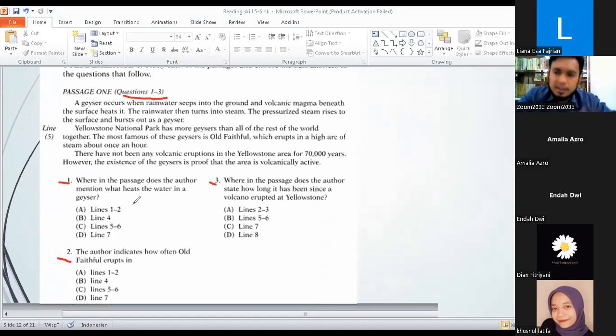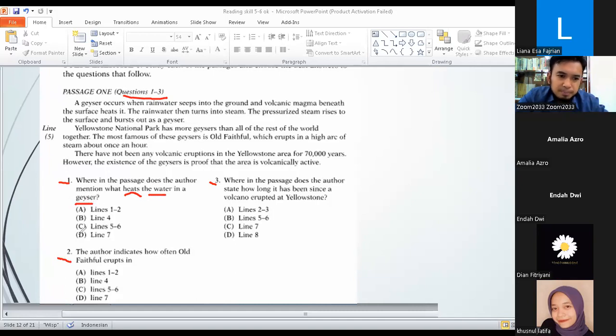It's all about lines. So try to keep your eyes on the keyword. Take a look at number 1, number 2, and also number 3. Please, all of you, find out the answer for number 1, 2, and 3. Where in the passage does the author mention what hits the water in the geyser?